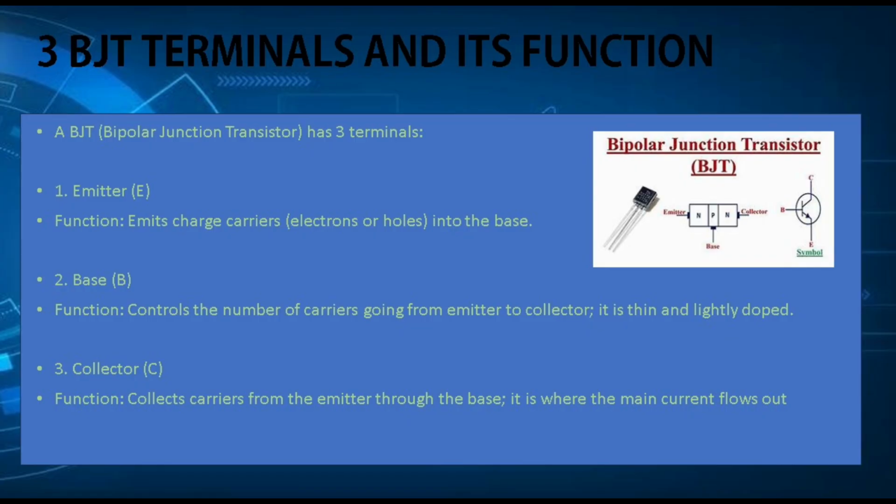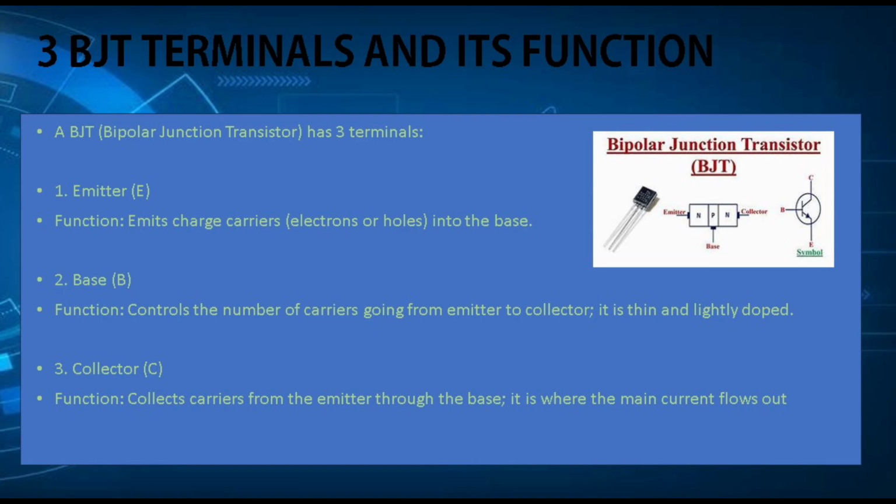So guys, next I'm going to explain to you guys the three BJT terminals and their functions. A BJT has three terminals. The first one is the emitter, which we label as E, and the function of this terminal is to emit charge carriers, which are electrons or holes, into the base.